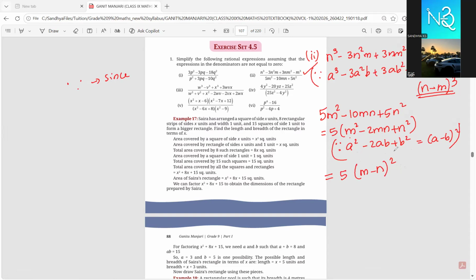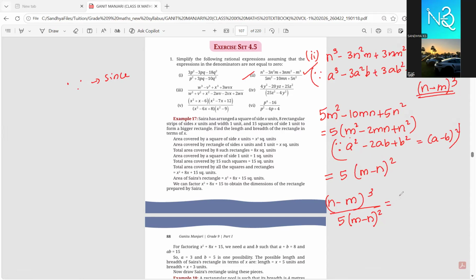Again, the same thing, one question we did earlier. Now same like that. See here we have n minus m whole cube, here m minus n whole square. So first of all, we can write it in the format of this question. So it will become n minus m the whole cube divided by 5 bracket m minus n whole square.